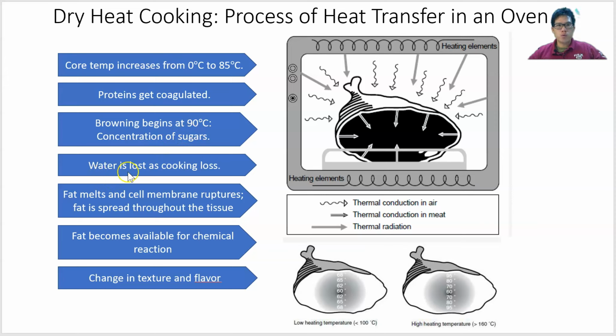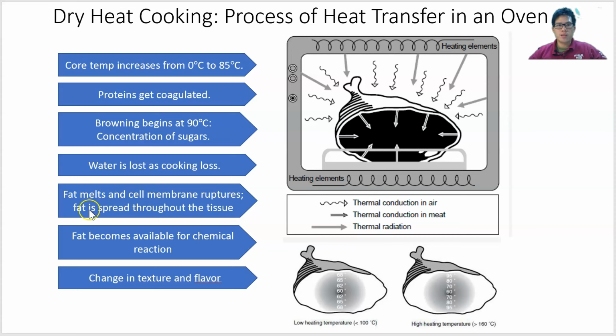Then the water will start to be lost as the heat evaporates it, and the fat will start to melt. Once the temperature reaches the melting temperature of fat, it will melt, and the cells will rupture.